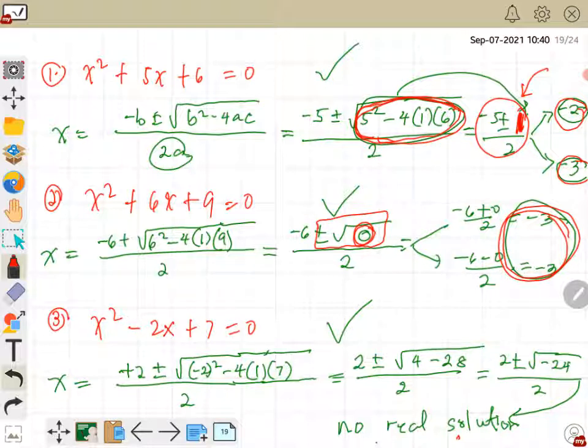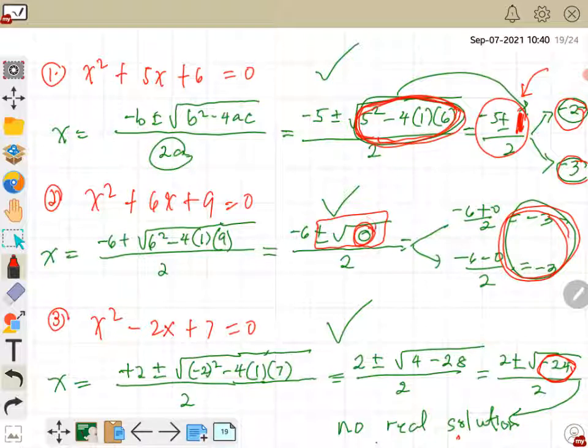Okay, what if the value there becomes negative? Look at this. Meaning we cannot get the square root, meaning we don't have a real solution. So in summary, if the value inside that is greater than 0, a positive value, we will have two real solutions.